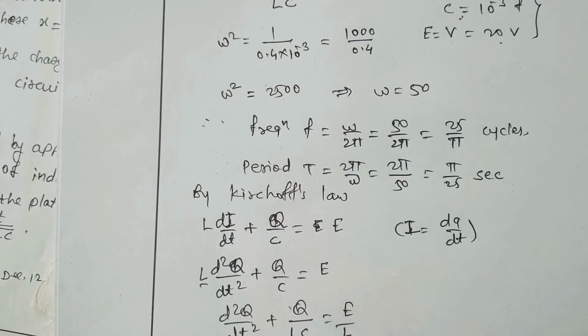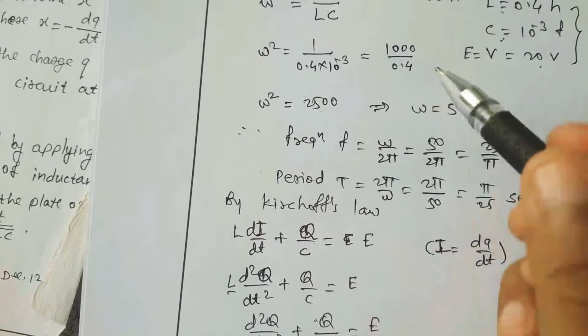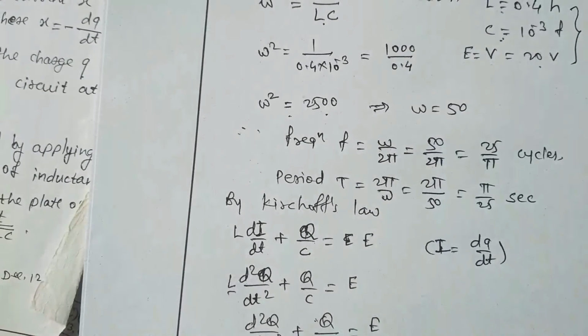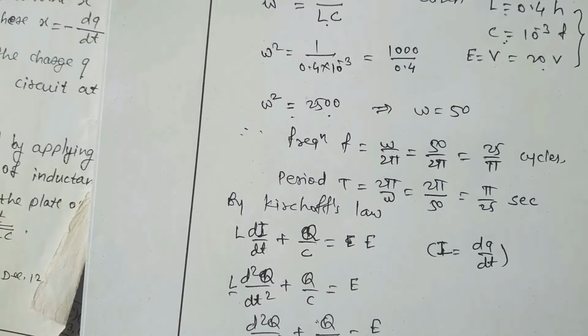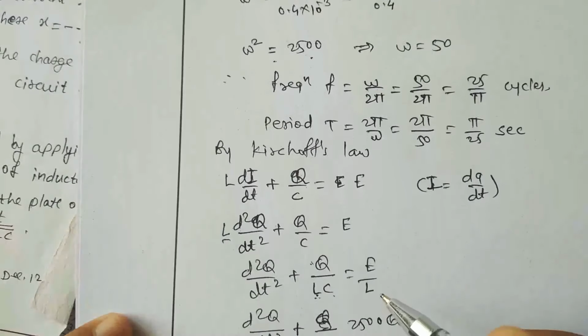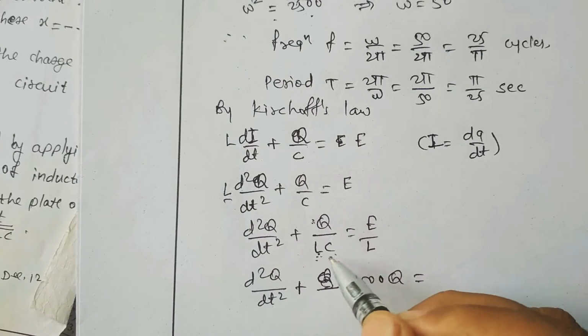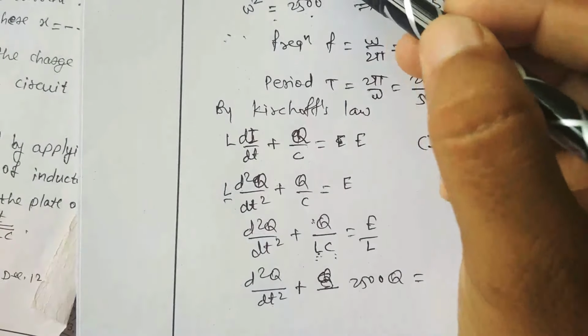So it is 1 upon LC, and the value of 1 upon LC is nothing but omega square. So it is 2500. So I can directly write 2500 Q is equal to E upon L.